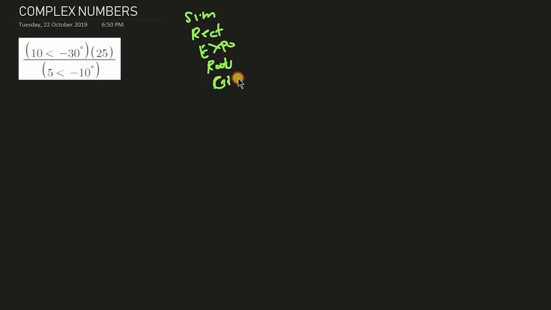Okay? Graph natin siya. So first, i-simplify muna natin itong equation na to. Since this is in polar form, mas mapapadali na lang yung division natin. First, i-multiply natin itong r times r. So 10 times 25 is basically 250, guys. Angle, since 0 yung angle niya, negative 30 plus 0 is negative 30 degrees. That's over 5 angle negative 10 degrees.